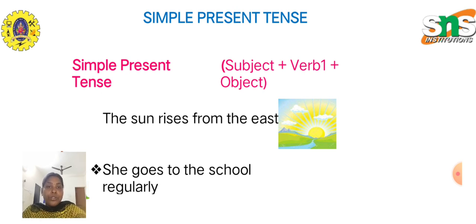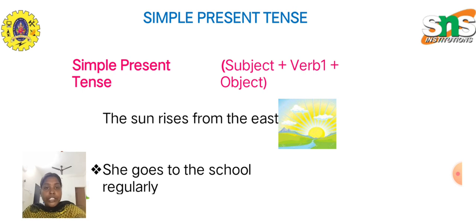If you fail to use it, that is grammatically considered a wrong sentence. You should say cow gives milk. It doesn't come like cow give milk. If it is cows, there you can use the verb give. Similarly, you can plan it. If your subject is plural, you go with the base form of your verb.